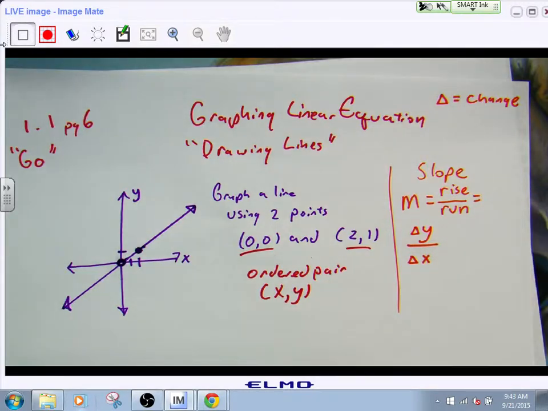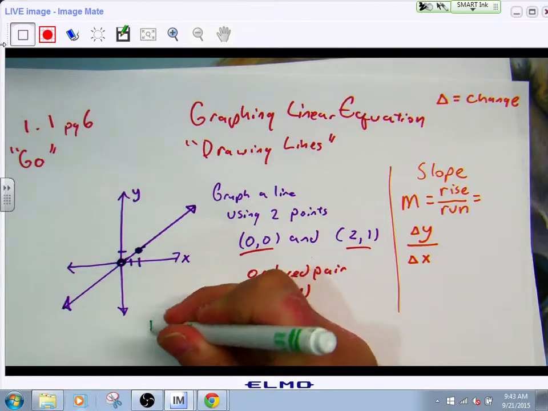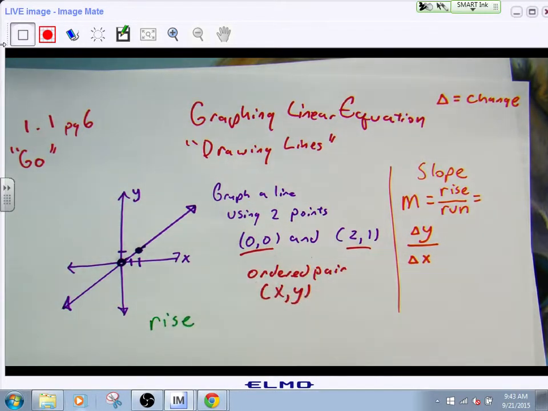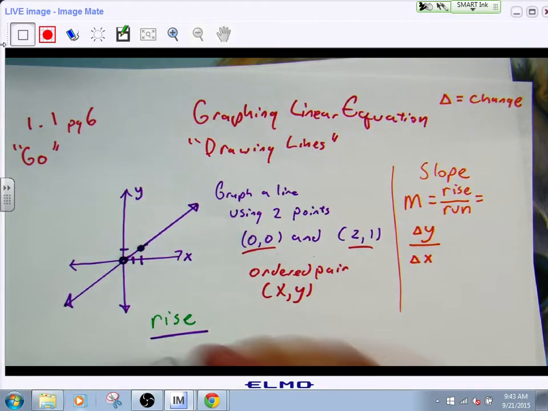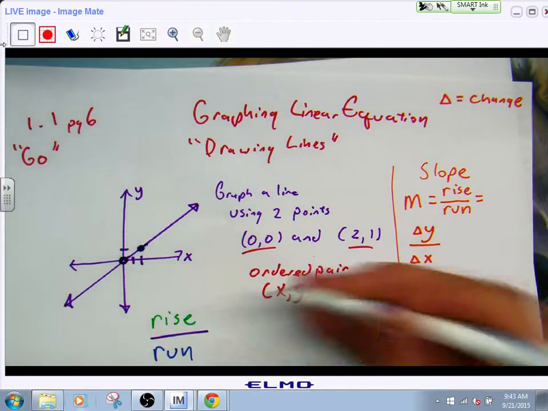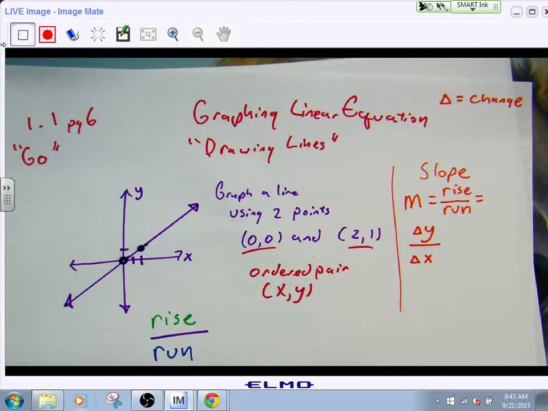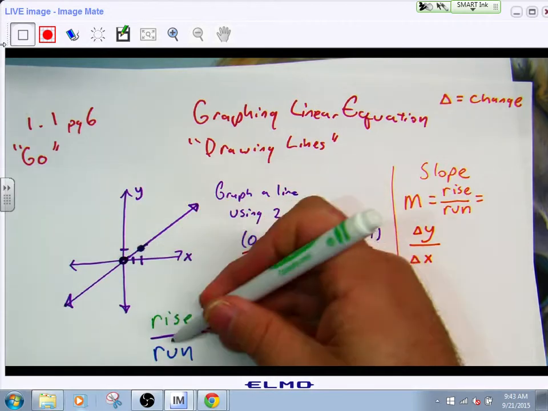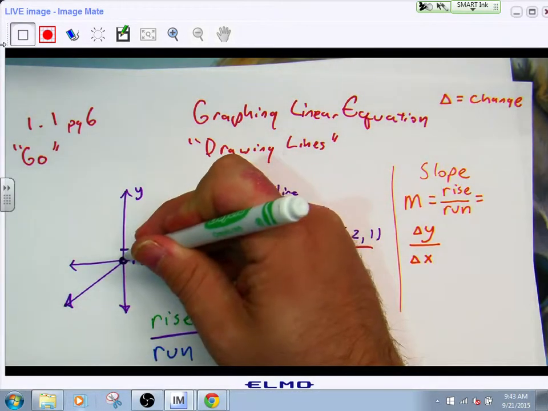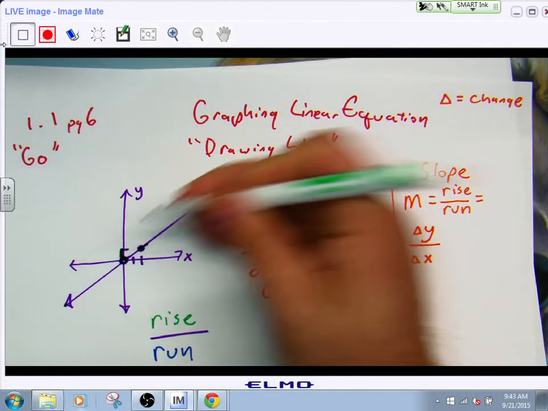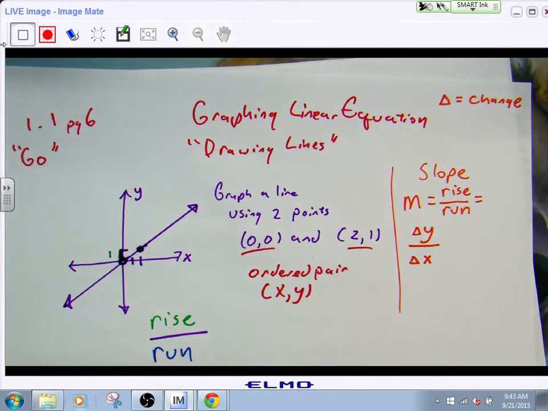Okay? So what I want to do to kind of think about it in terms of the image that we just saw is I'm going to use a couple colors. In this case, I'm going to use green for rise, like that. Okay? And that's going to be over my blue for run. And when I look at the graph I made, I'm going to do my rise, which is my green, my change in y. So I went up 1 on y, so I changed 1.